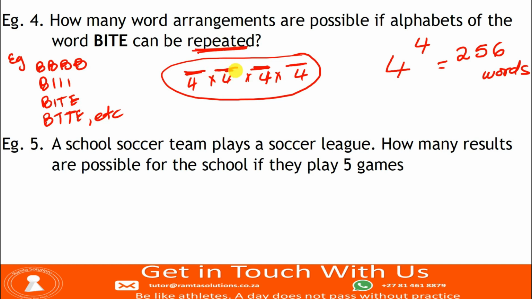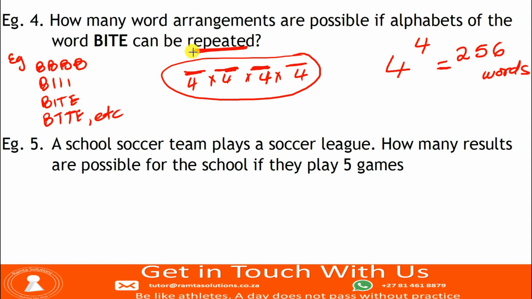For the second, third and fourth, you still have 4 to choose from. Hence, this is 4 to the 4, which is 256 words that can be made up from the word byte if the alphabets can be repeated.